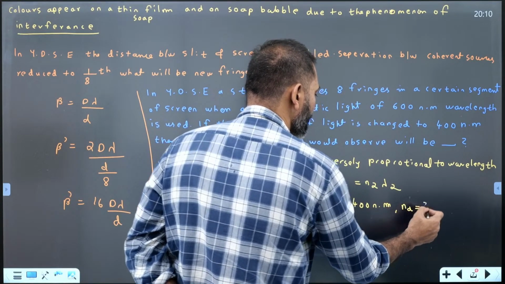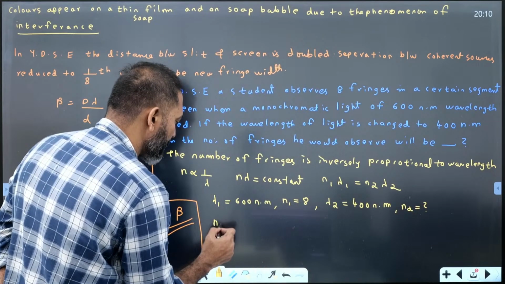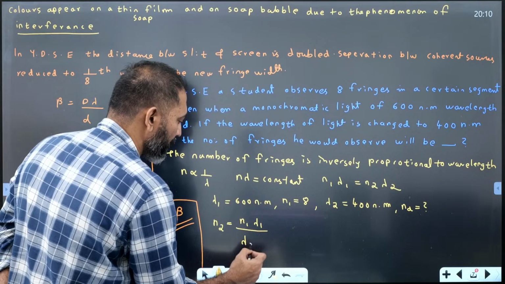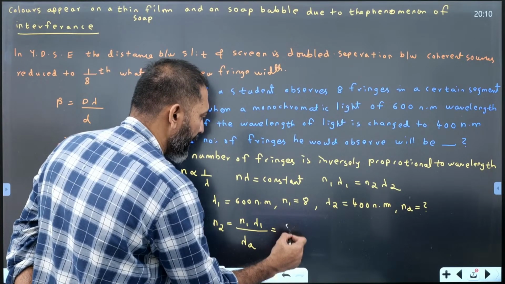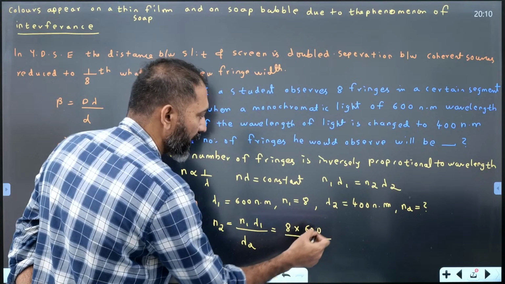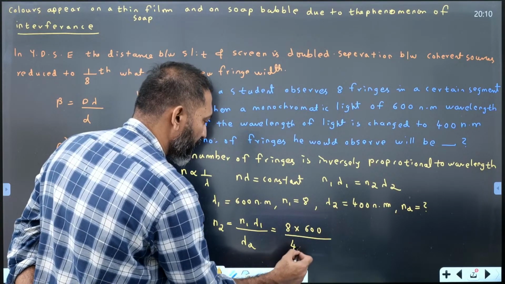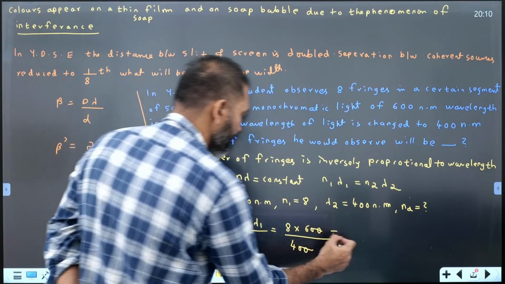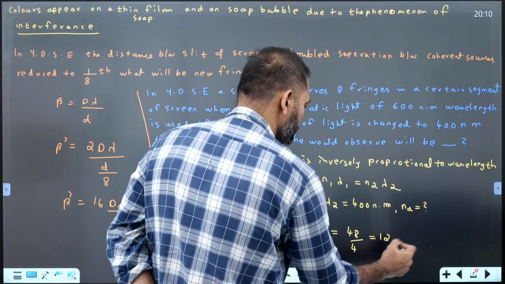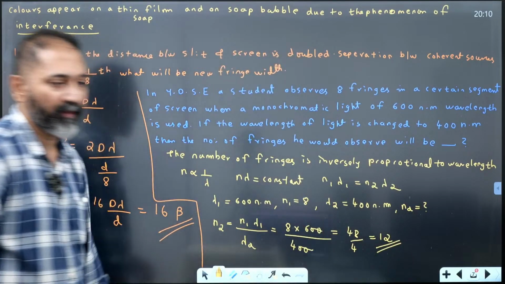N2 is equal to N1 lambda 1 by lambda 2. N1 is 8, lambda 1 is 600, divided by lambda 2, 400. So what is the answer? 48 by 4. Answer is 12. Since it is a number, no unit.